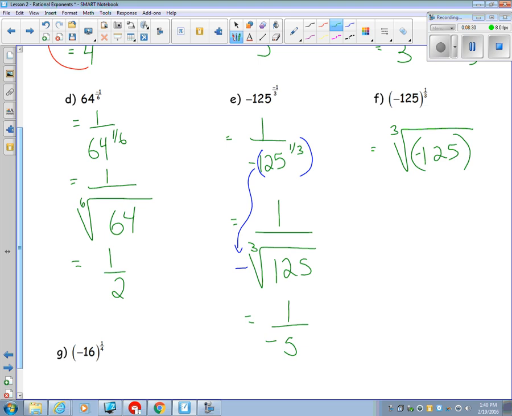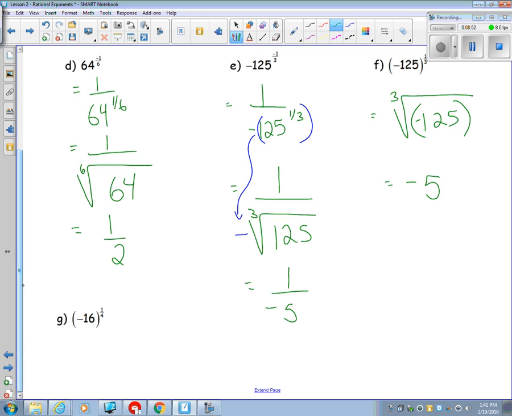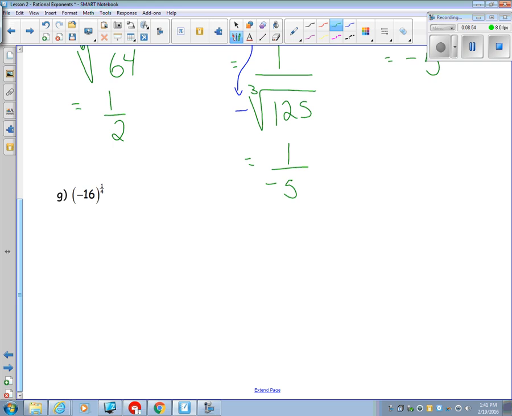What number times itself 3 times is negative 125? Well, if I use my calculator, I should get negative 5. So be a little careful with signs. Signs sometimes go underneath the root sign, sometimes they don't. I have to check to see if my brackets are involved, and does that mean I have to include it or not?